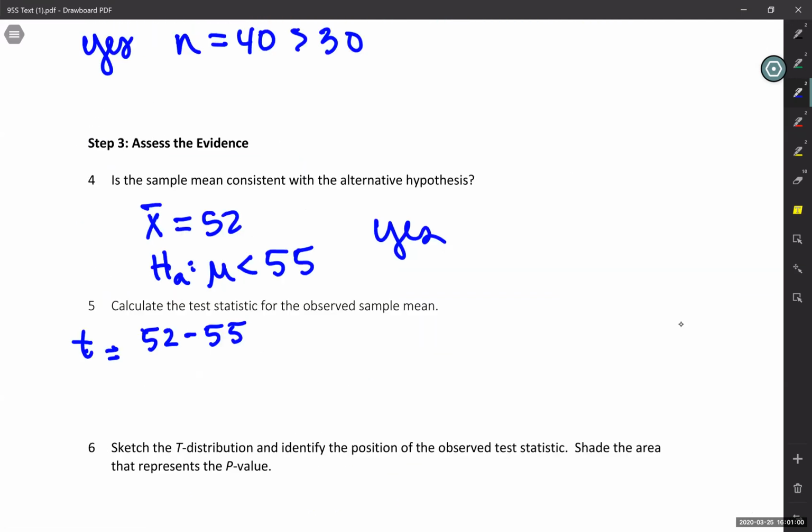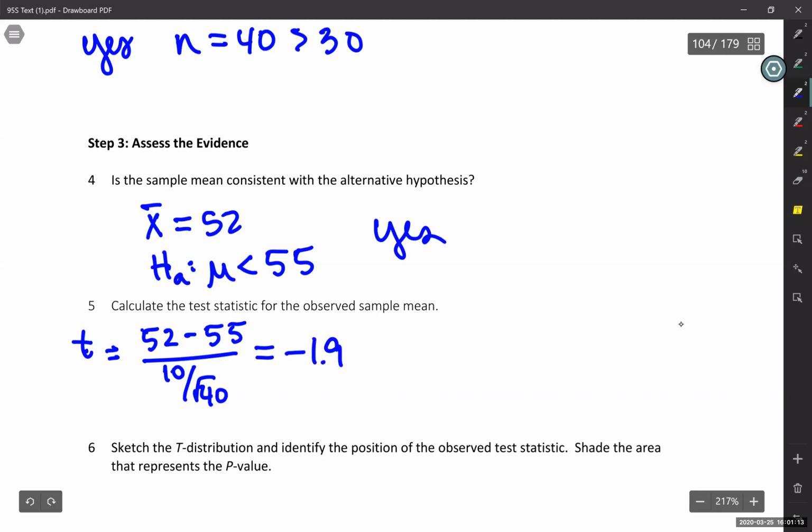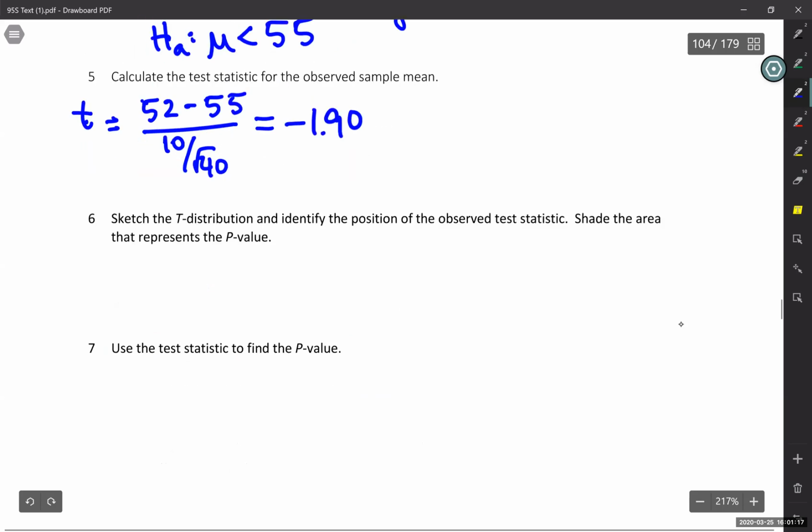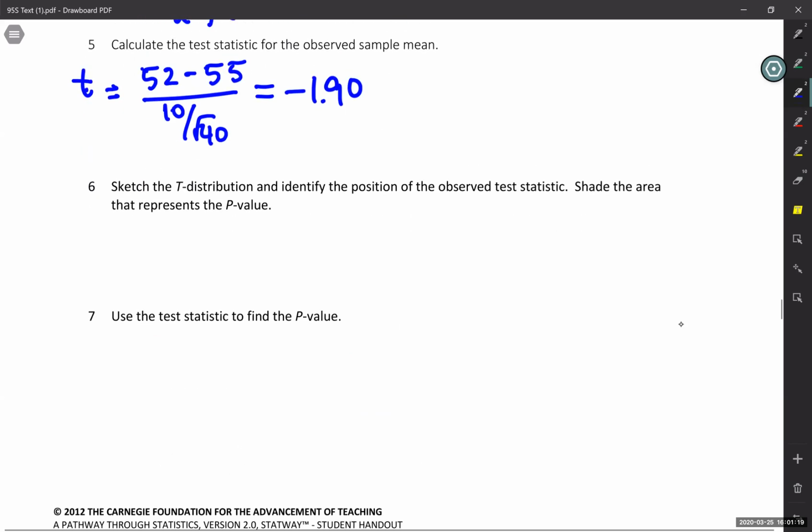So we have x bar minus mu over s divided by the square root of 40. Put all that in your calculator and you get negative 190. All right, so then we are going to draw the picture.